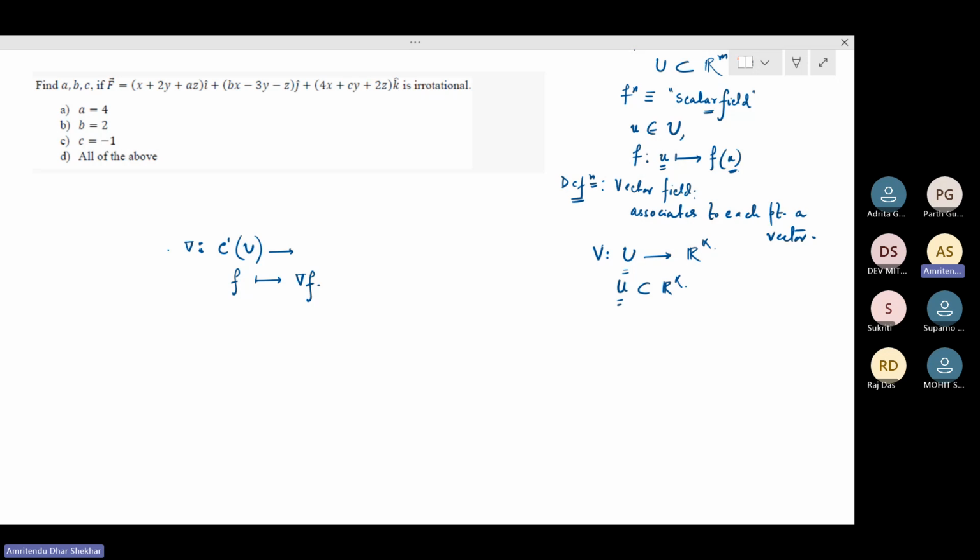So the set of vector fields over U, there are various ways to denote the set of vector fields over U. I'm going to use this symbol. Okay.